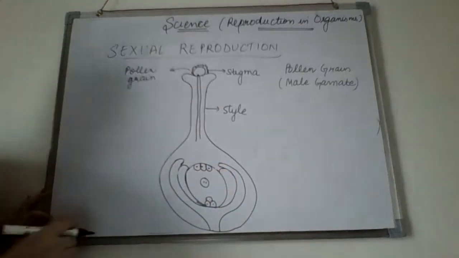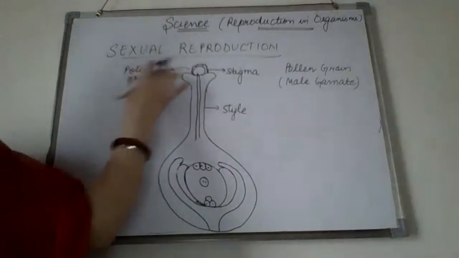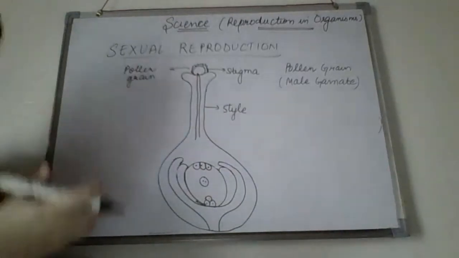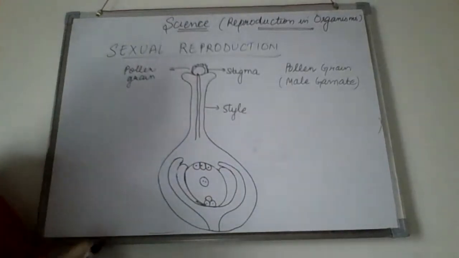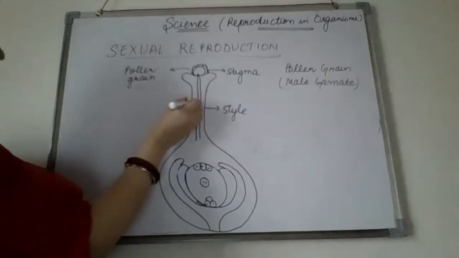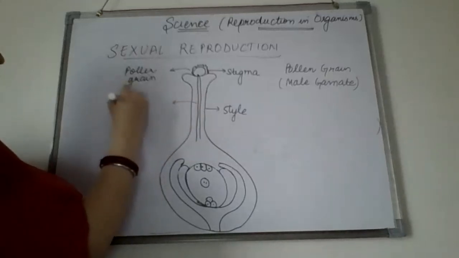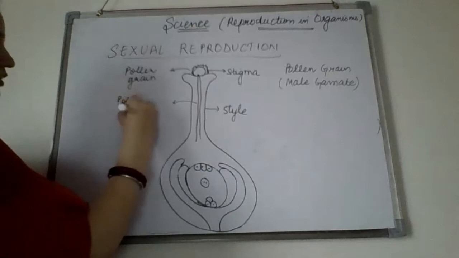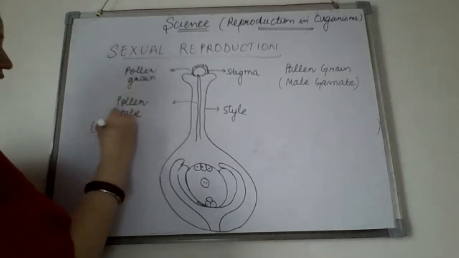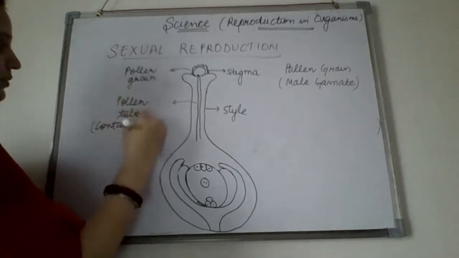Now what happens is, when the pollen grain starts forming a pollen tube, that contains the male gametes.